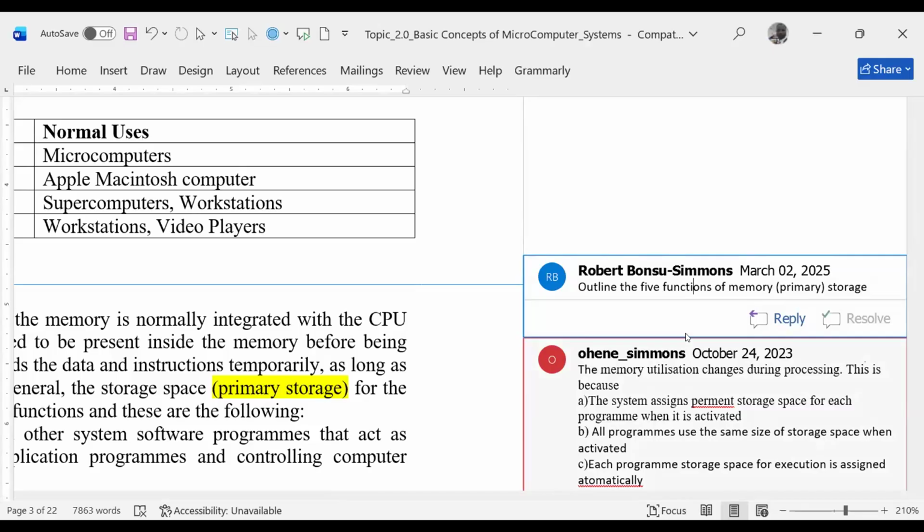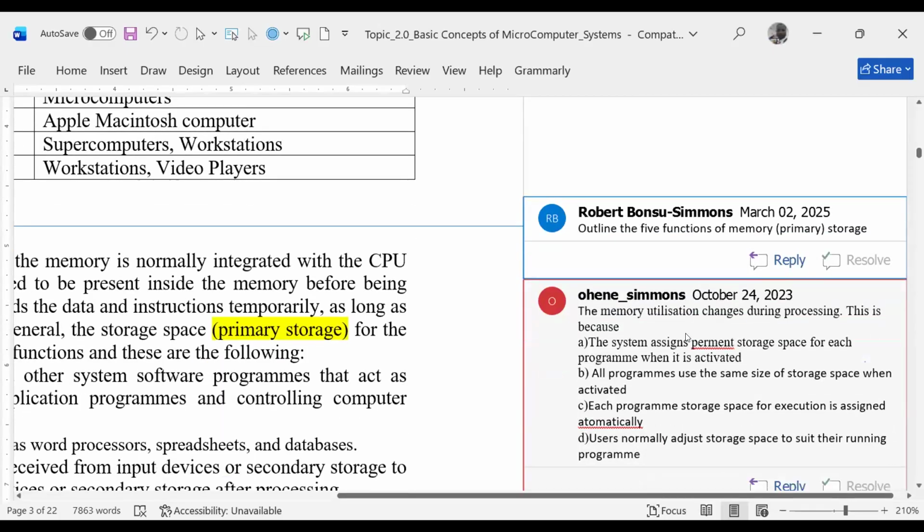So what I understand with this question is we are going to explain what the primary storage of the computer is, then we are going to outline the uses of the memory or the primary storage. Okay, so I'm waiting for some of the options. You've outlined them below. It's a different thing altogether.